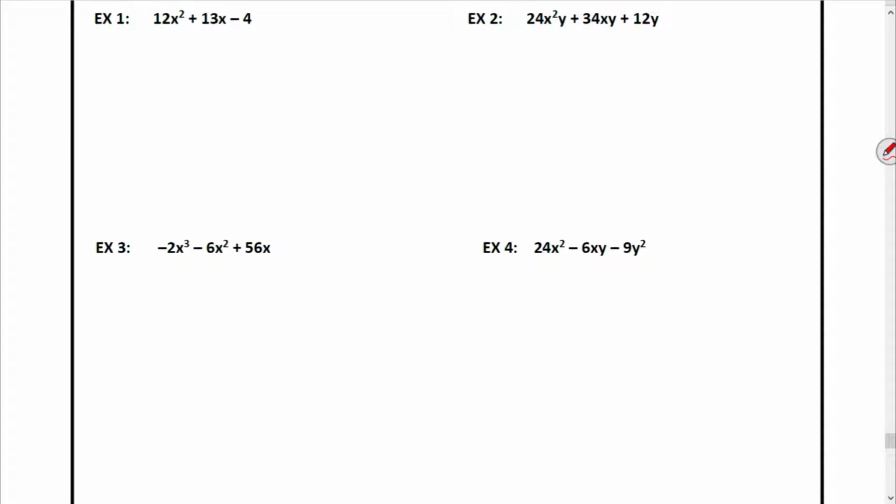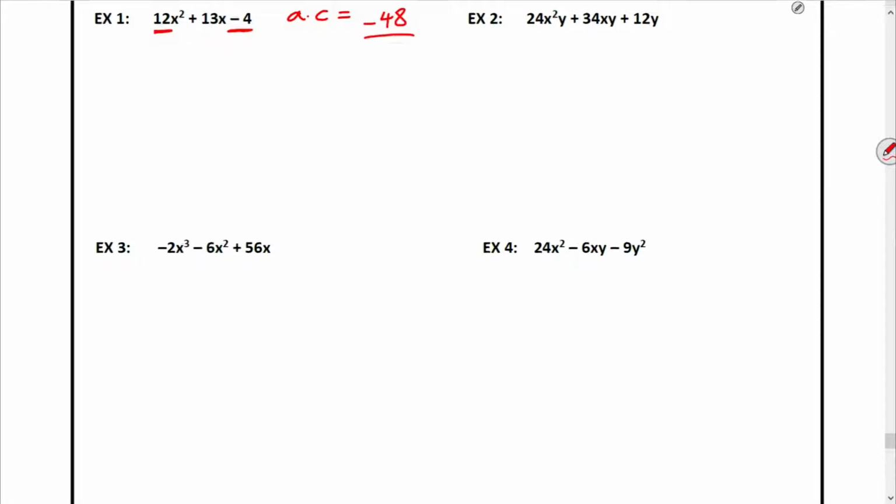No, this first term, the leading coefficient, is not 1. It's 12. So I'm going to have to use the ABC method, specifically multiplying A times C. So A times C is 12 times negative 4, which is negative 48.